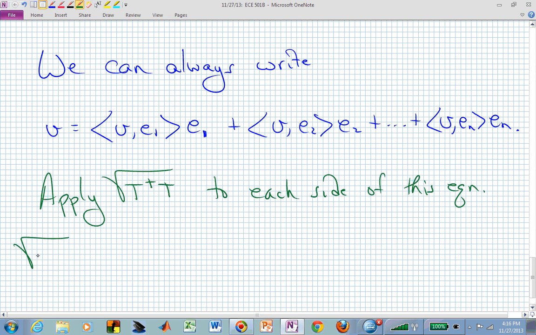Meaning we now have the positive square root of T dagger T times v on the left.